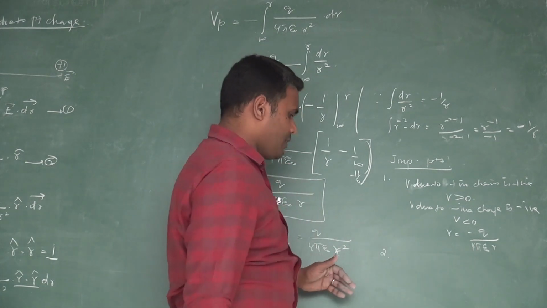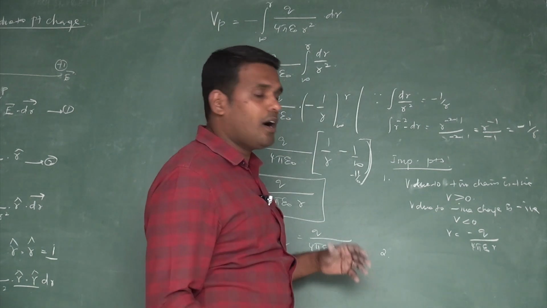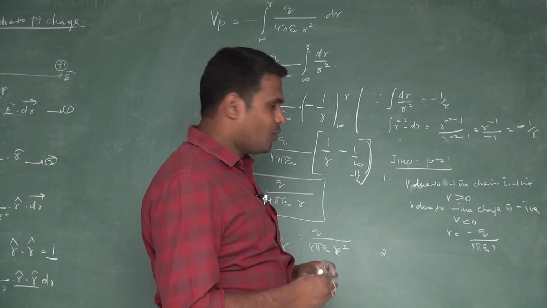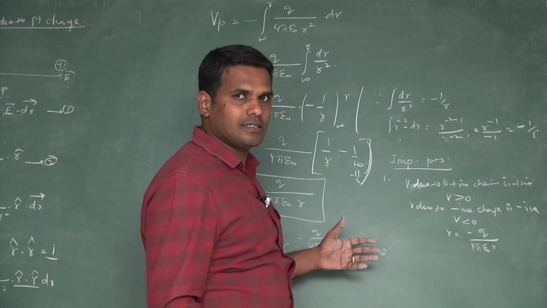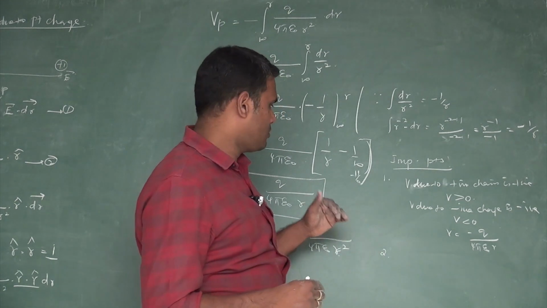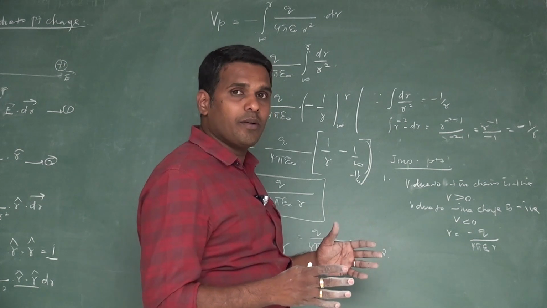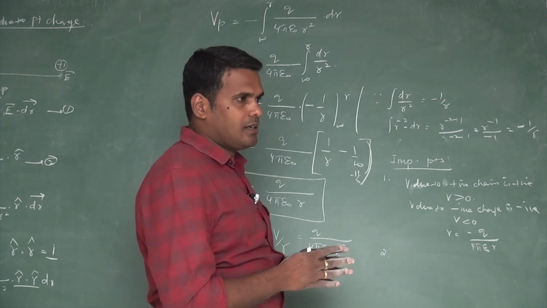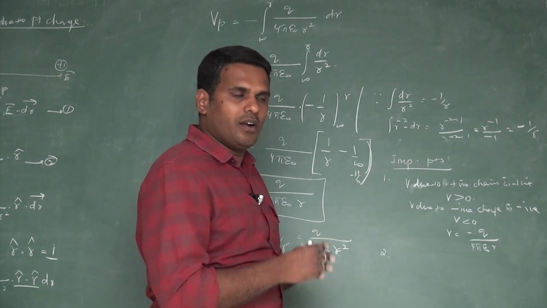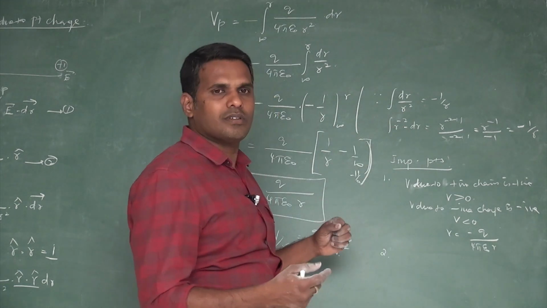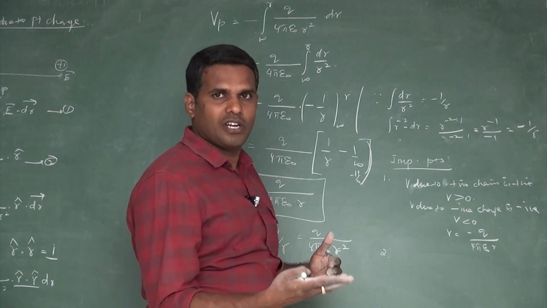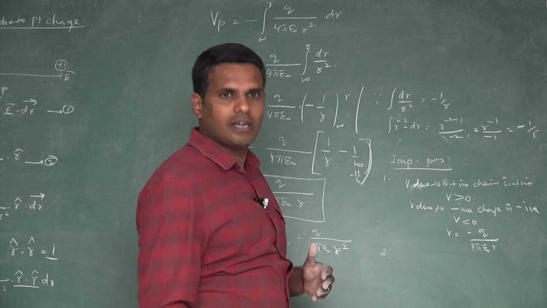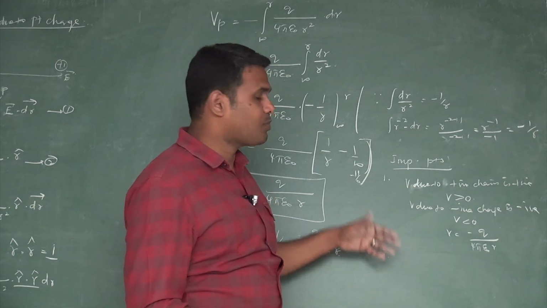Second one, explaining the motion of objects is easy with potential and potential energies when compared to fields. This is applicable for all fields and all potentials. If you are moving an object of mass m from one place to another place, in order to explain the movement of the mass, we can use gravitational potential and gravitational potential energies instead of gravitational field. That is simpler. Gravitational potential and gravitational potential energies are a simpler basis with which we can explain the motion of objects.